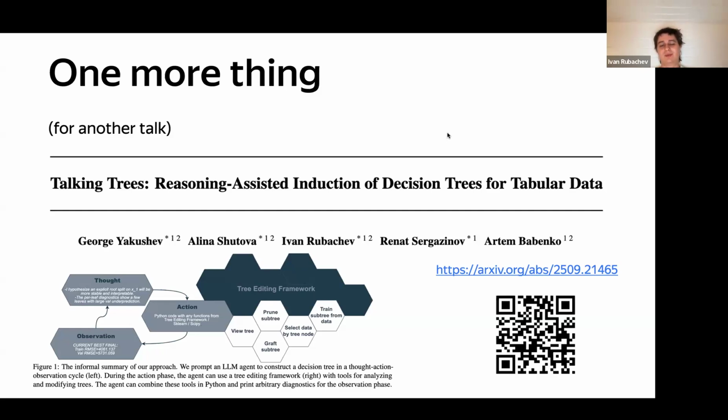We tried to make a more interpretable, faster and simpler model with the help of recent LLMs, which can actually code quite nicely. So we do an agentic loop that analyzes the dataset and produces a better single decision tree for tabular classification. Yeah, maybe next time we'll talk about this.